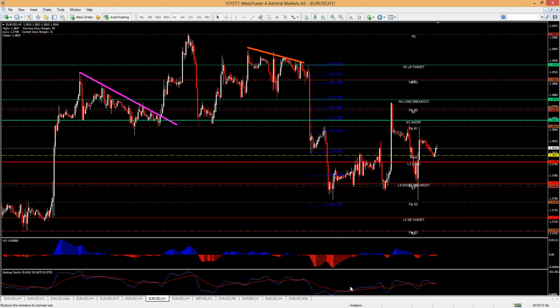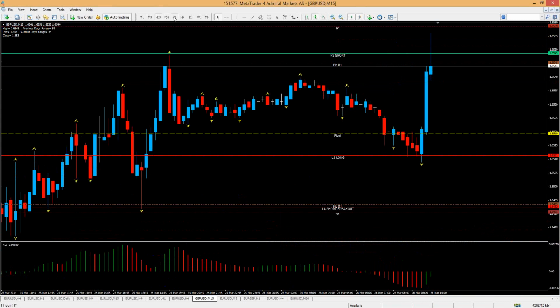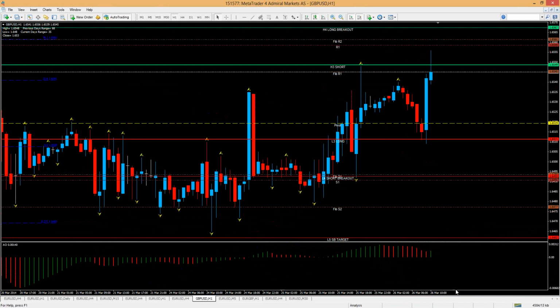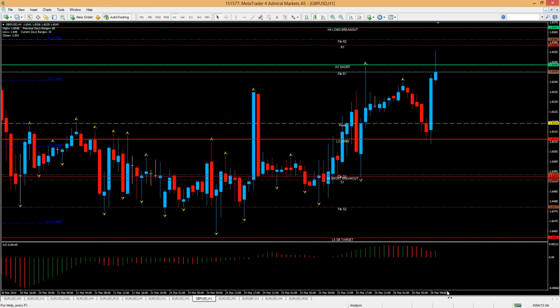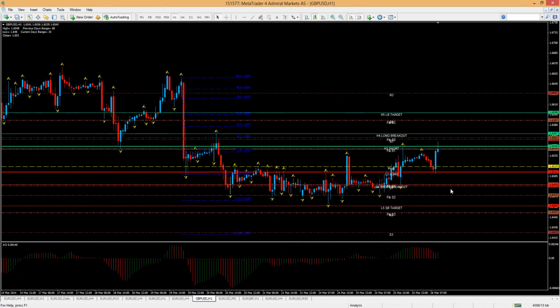Let's take a look at the pound dollar. Pound dollar is approaching the H3. H4 above 135.67. And L4, let's see, below 164.93, which makes sense, because that would be basically the breakout to the downside scenario.